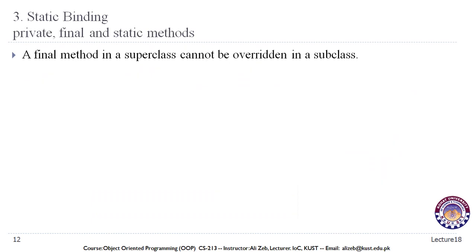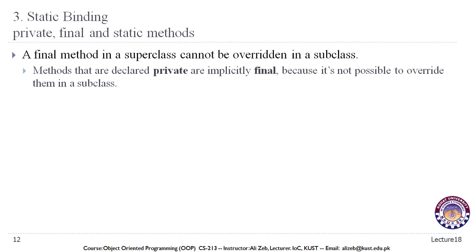Private, final and static methods. A final method in a superclass cannot be overridden in a subclass. We have talked about this earlier, that if we want to prevent a subclass from overriding a method of the superclass, then we can declare that method as final.